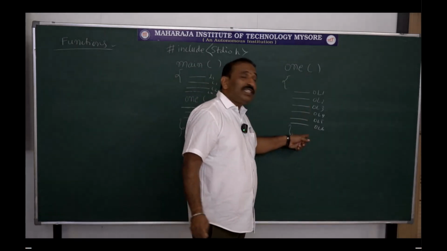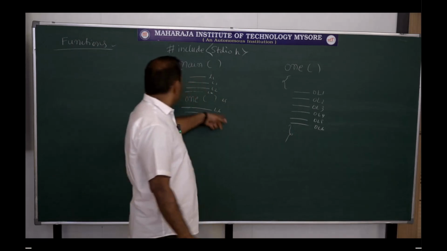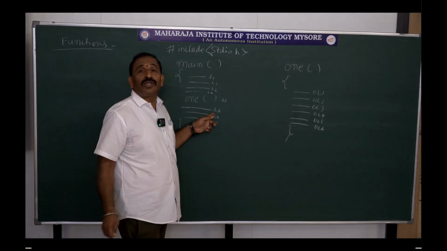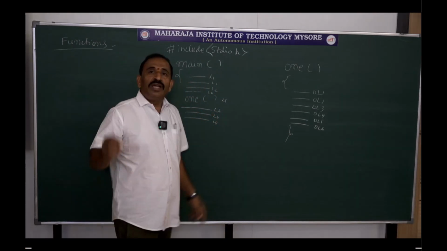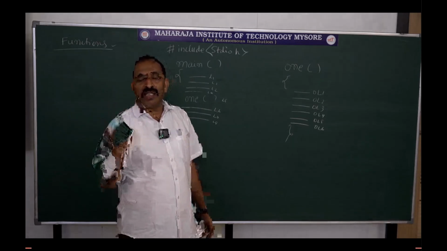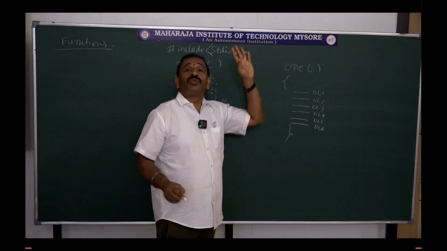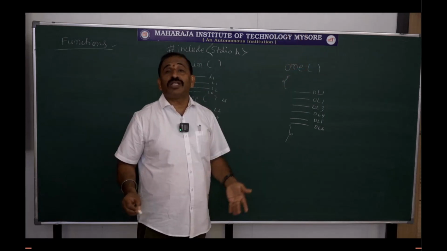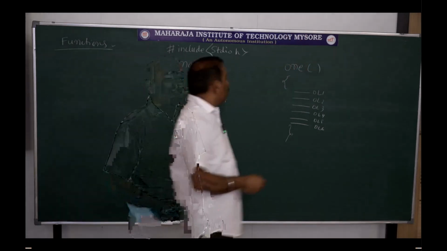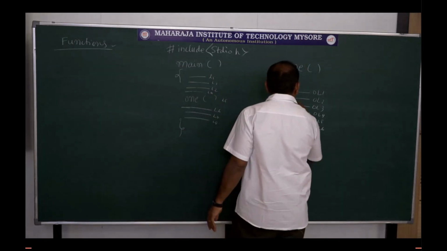You will be executing these lines, then you are coming back here, then you are executing L6. It is not necessarily that this function should not call another function. It can call another function also. So it may be calling here 2.